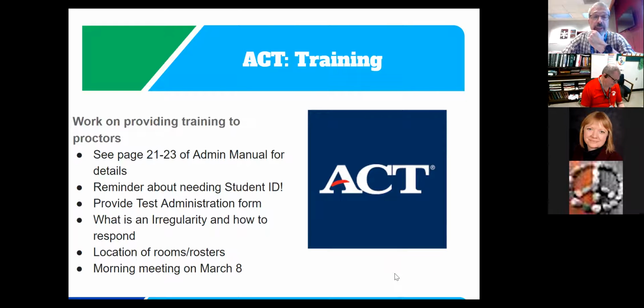One of the things that you need to keep in mind when you're going through the professional development is students will need to be identified, and that is done in a couple different ways. Number one, student ID. So the students need to have an ID, or if the teacher, the proctor, the staff member is familiar with them and recognizes them, that's also okay.